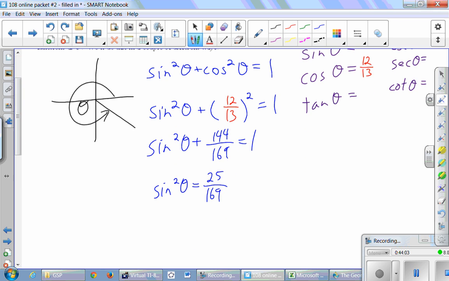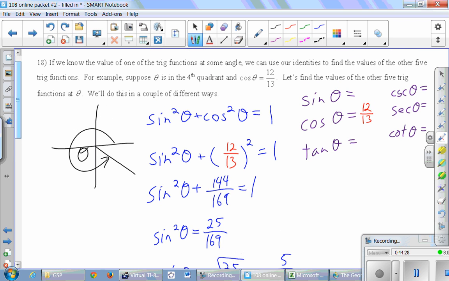That's what sine squared theta is, but I don't want that squared in there. I just want sine theta. So to get rid of the square, we'll take the square root of both sides. Sine theta is equal to the square root of 25 over 169, which simplifies in this case to 5/13. So that's our answer. Sine of theta is 5/13. Done.